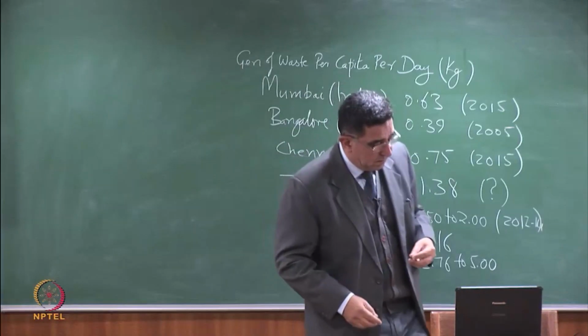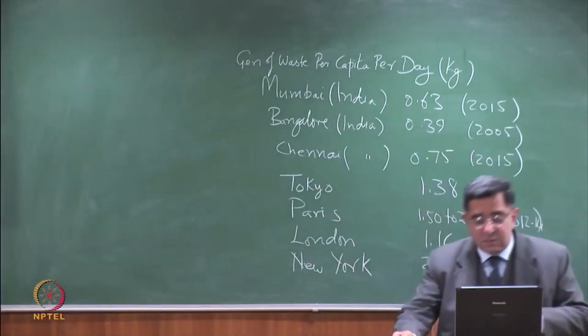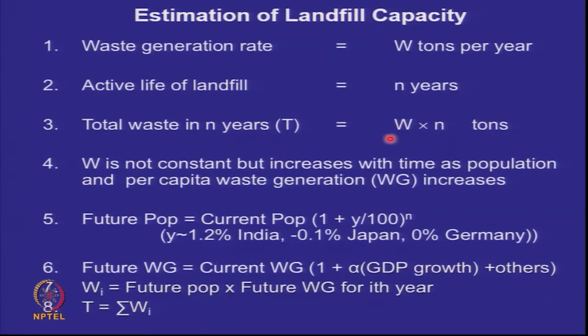So just to end this discussion, we did this W into N, but we have to remember W is not constant but increases with time for two reasons definitely, as population increases and as per capita waste generation increases on account of increase in GDP.